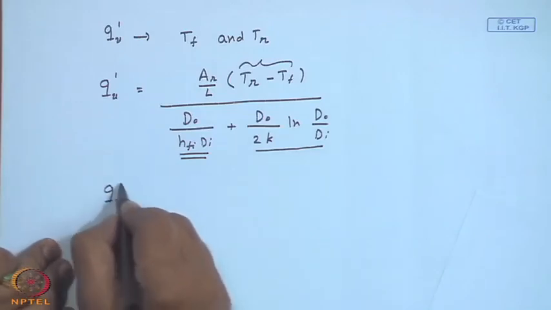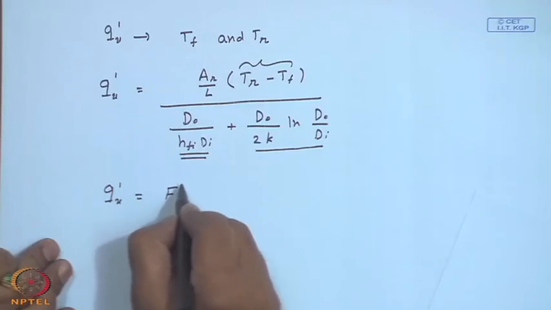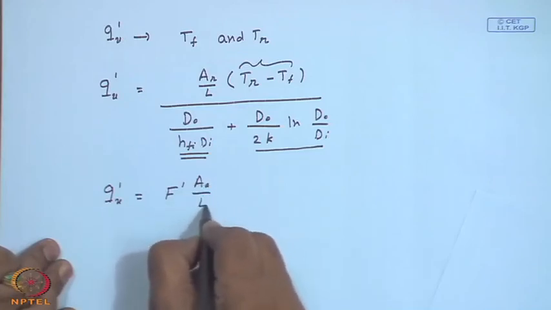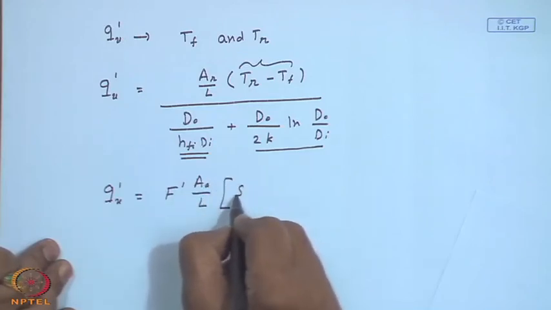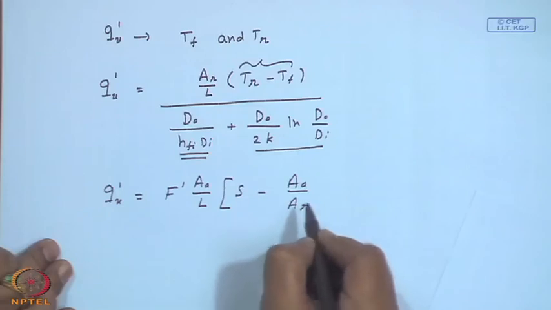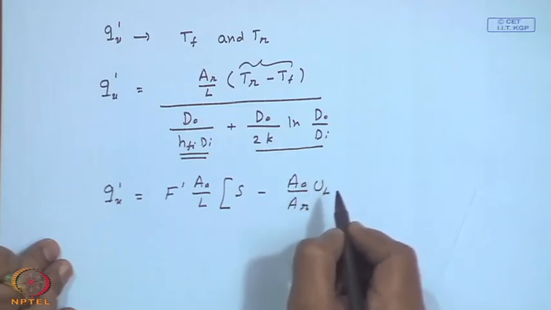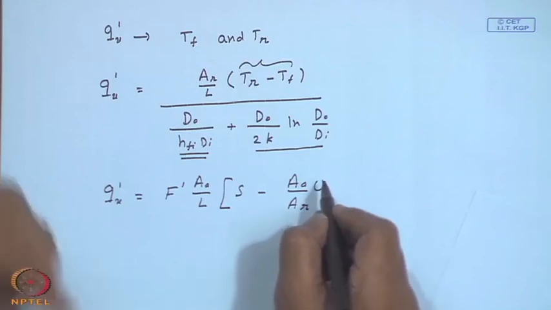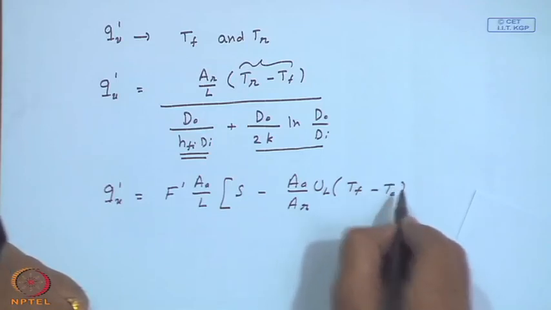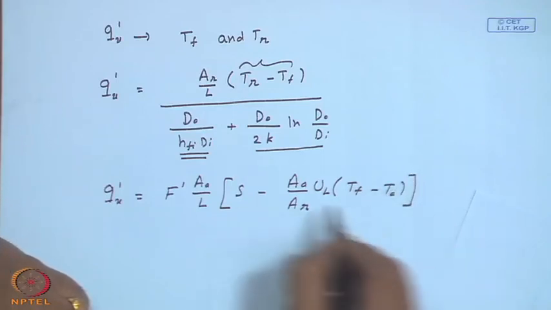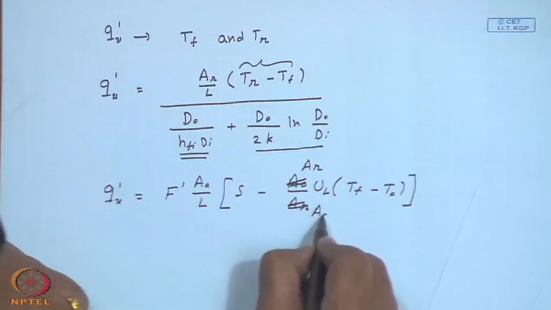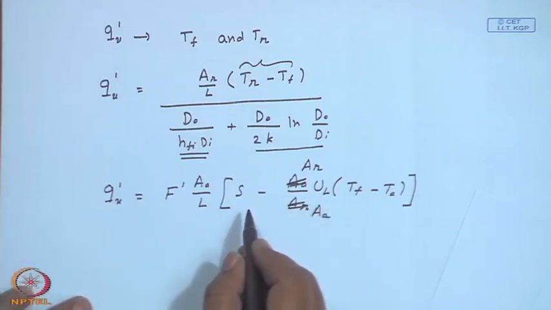So, q u dashed, as we commonly express, is f dashed times the area of the aperture per unit area times absorbed energy minus A by A r times U L times T f minus T A. This should be A r by A A, otherwise it will lose more heat.